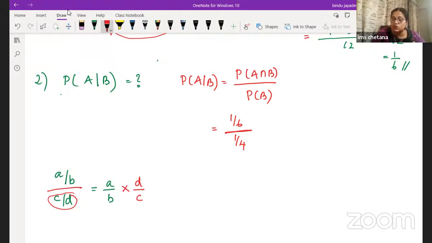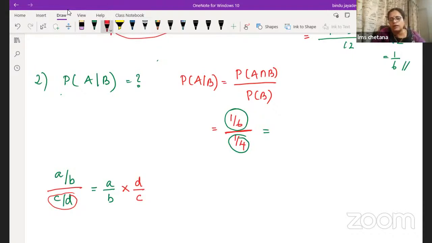Then what is the change going to come for the calculation? Denominator part fraction, you will take it up. That means you will take D up and C down. Then now you solve it. Multiplication means you can cancel and all. The same way here, this is one fraction and this is another fraction, right? Now I'm going to change it. So how I'm going to change it?